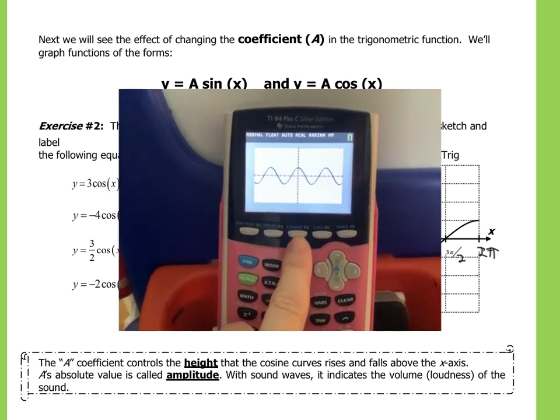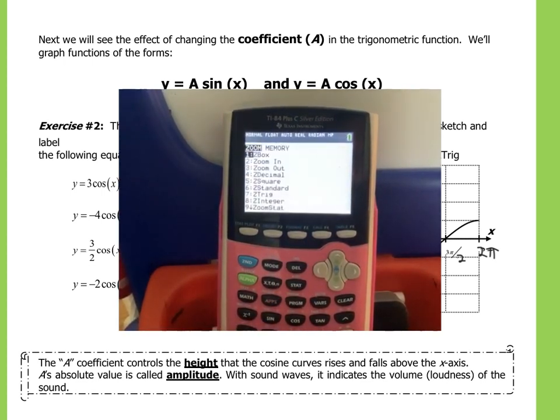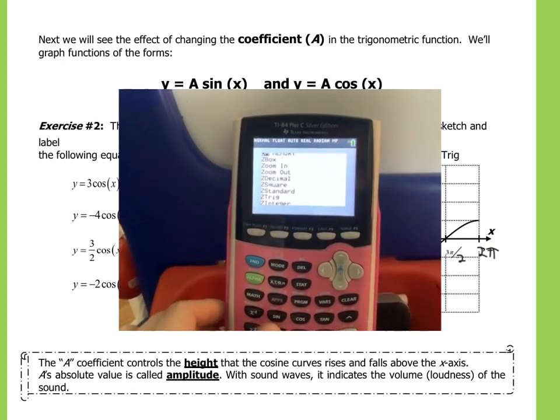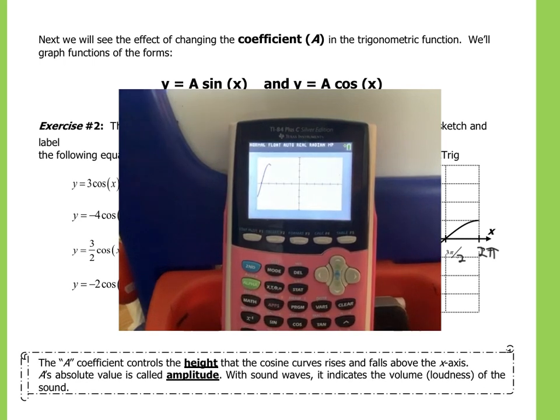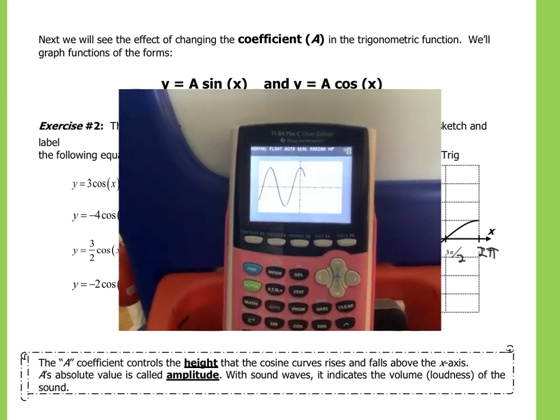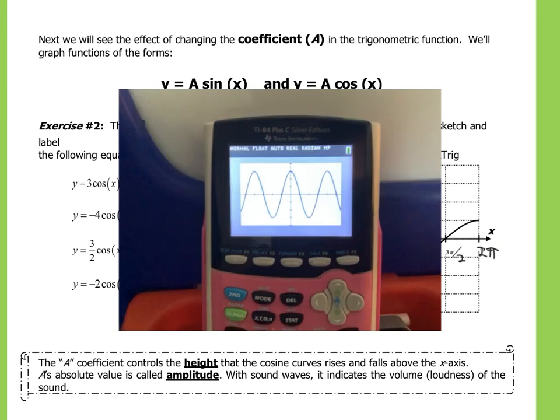I'm going to hit zoom and I'm going to hit number 7, trig. By the way, number 6 is handy if you want to go back to a standard -10 by 10 window. All right, but I'm going to choose number 7. And notice the graph is looking different. And I am crossing, I apologize, it keeps trying to focus there, and I'm crossing at very specific spots, right?